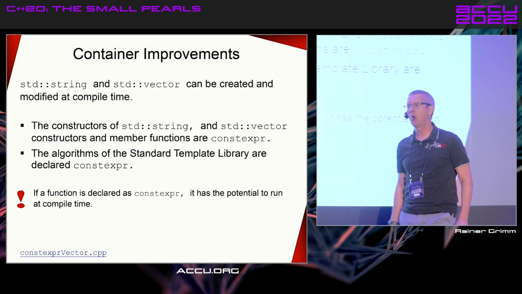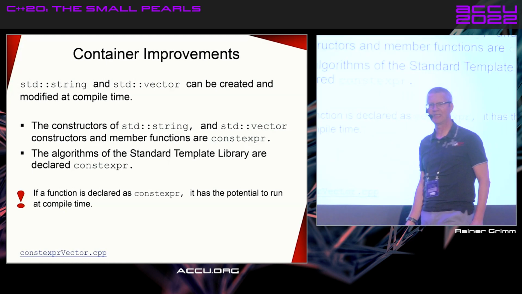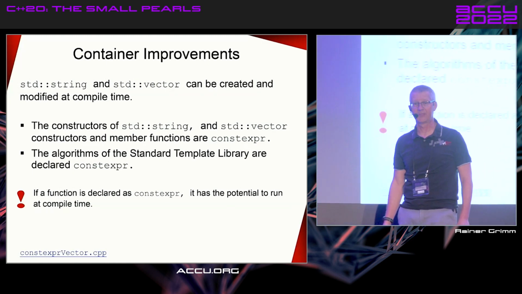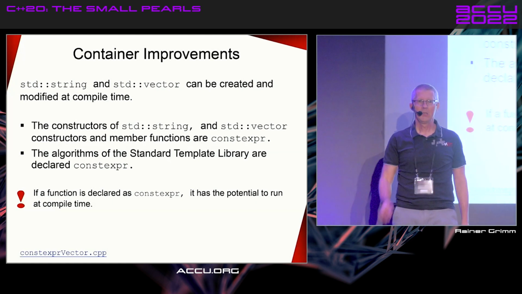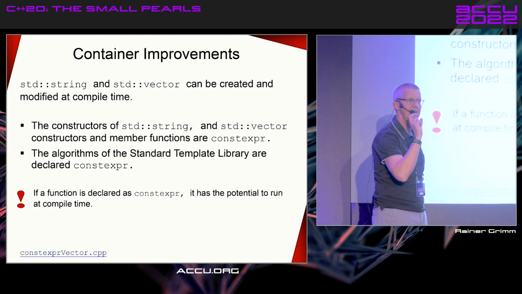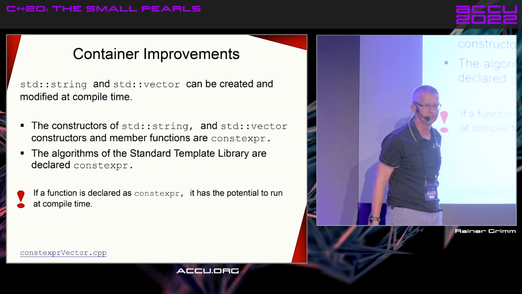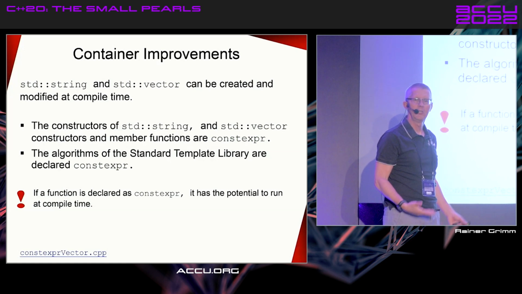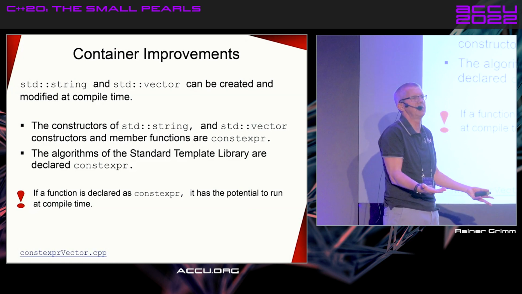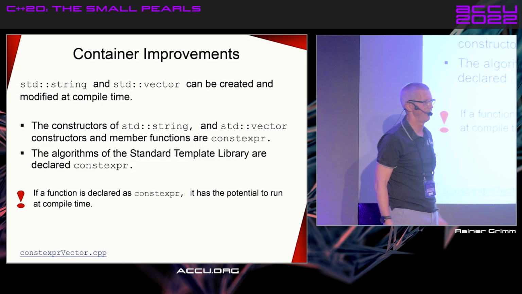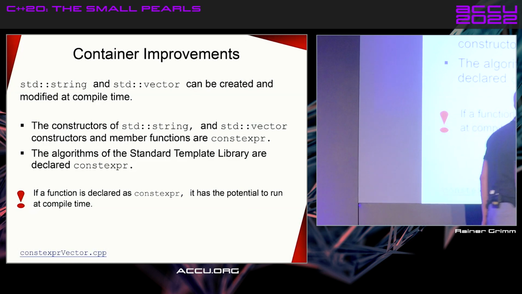Additionally, all algorithms of the standard template library are constexpr in C++20. What does constexpr mean? It gives you the potential to execute something at compile time. Only the potential. You can even use it at runtime, therefore it works the way it worked before. But you can do it at compile time.